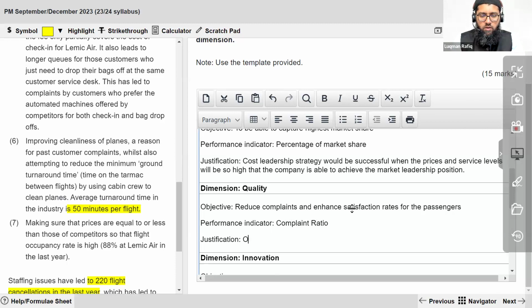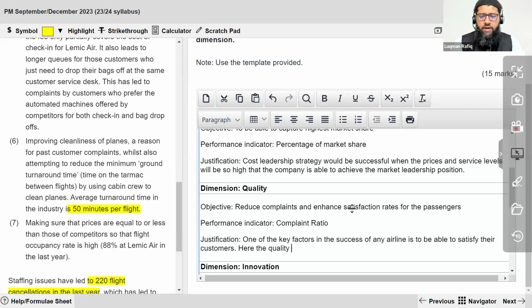One of the key factors in the success of any airline is to be able to satisfy their customers.